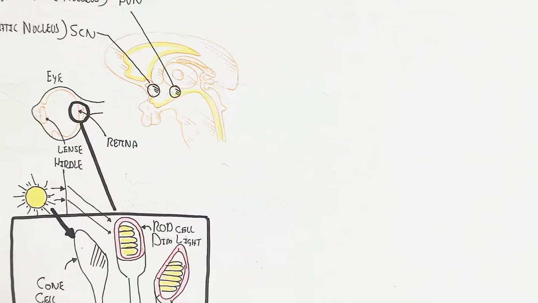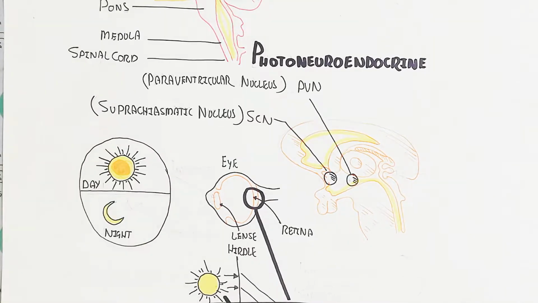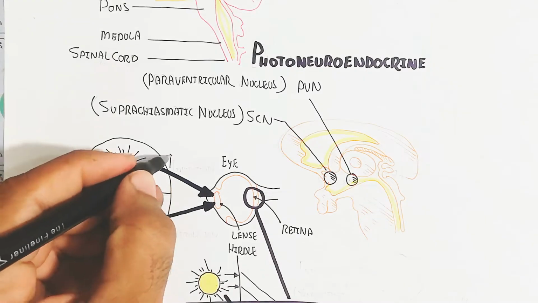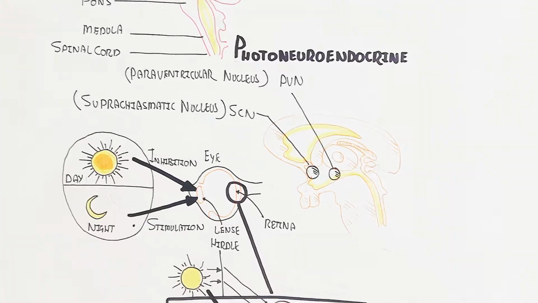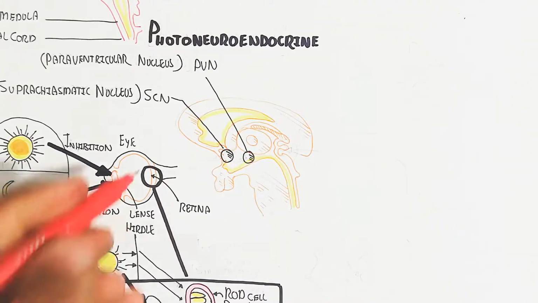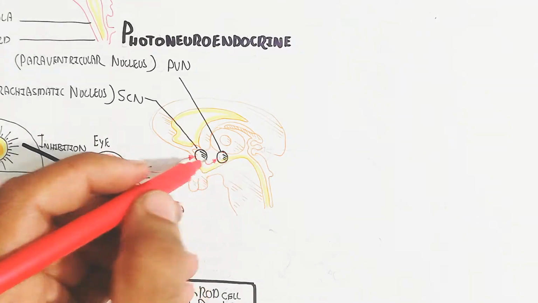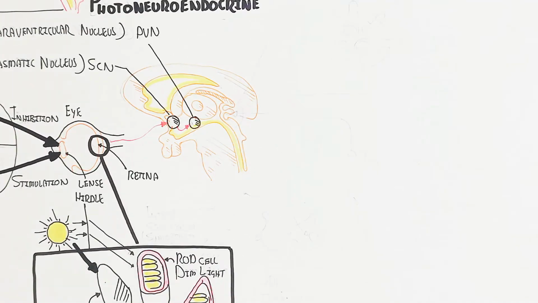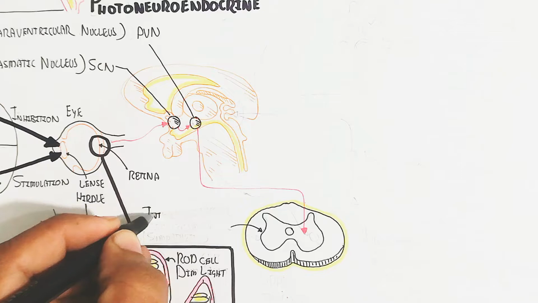Let's begin to understand with the eye. When dim light stimulates the rod cells, they will stimulate the pineal gland. In the daytime there is inhibition of pineal gland production, as more cone cells are activating, while nighttime stimulation leads the retinal rod cells to stimulate the suprachiasmatic nucleus, which will trigger the paraventricular nucleus.